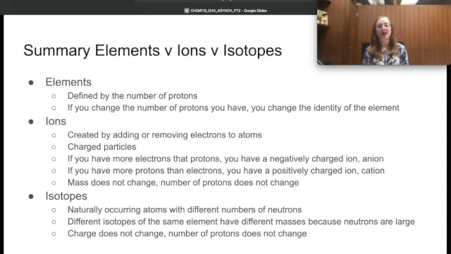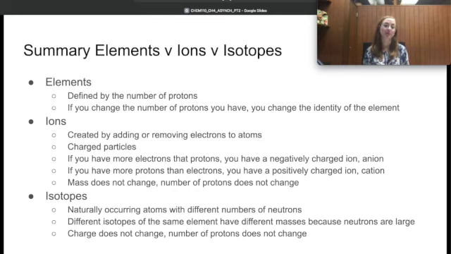When we're talking about isotopes, they're naturally occurring atoms with different numbers of neutrons. Different isotopes of the same element have different masses because neutron masses are large. So if we remove or add a neutron, we're definitely going to feel that mass change.